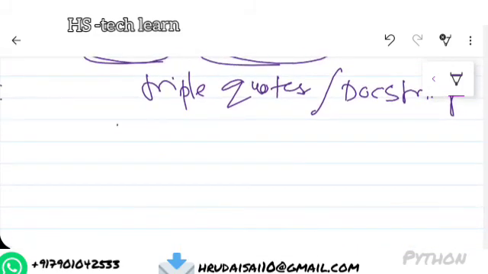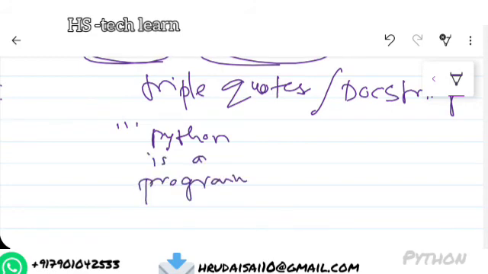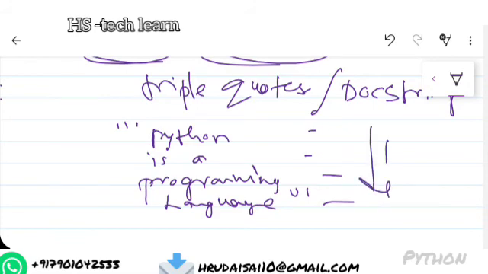Example: Python is a programming language. Here this is 1, 2, 3, 4. We have written it in 4 lines. These are multi-line comments. We are using docstrings for that. Okay.